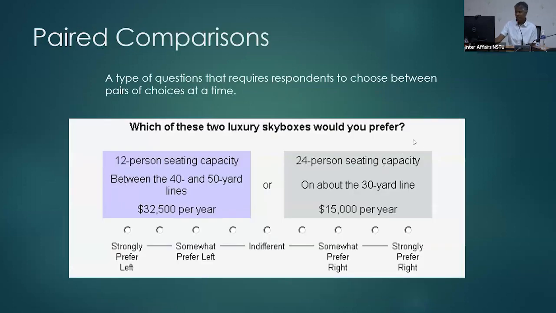Paired comparisons. I personally like this one, but again, it can be very confusing to people. This is asking you to rate which of these 2 options do you prefer. I strongly prefer the option on the left versus I strongly prefer the option on the right.